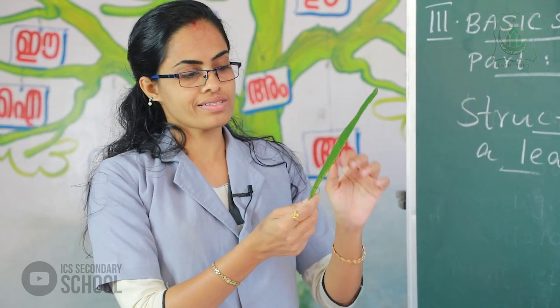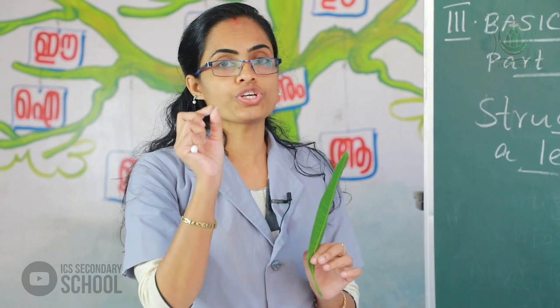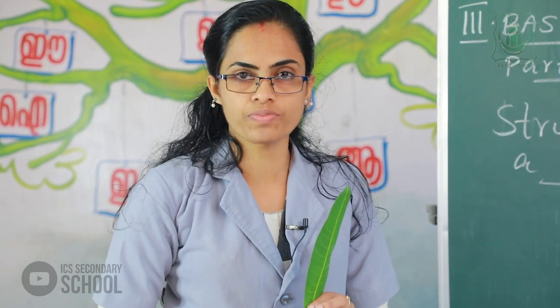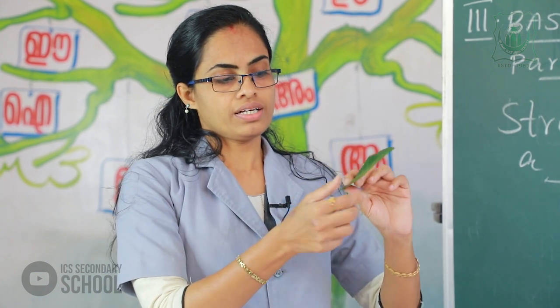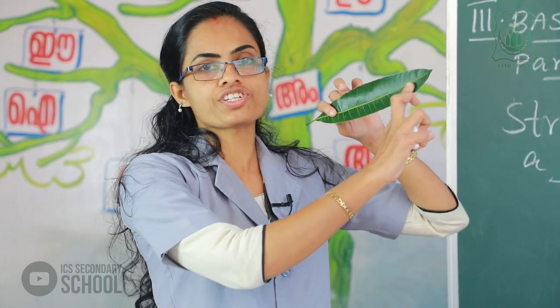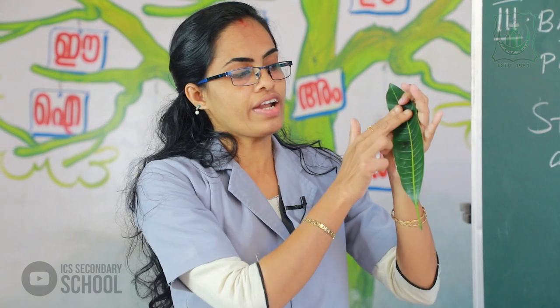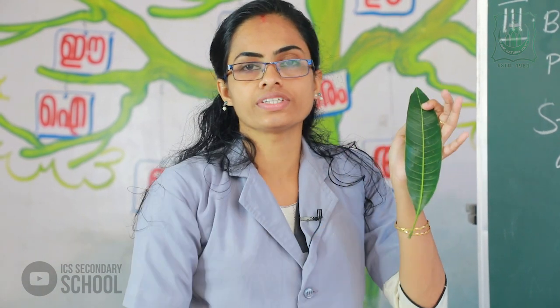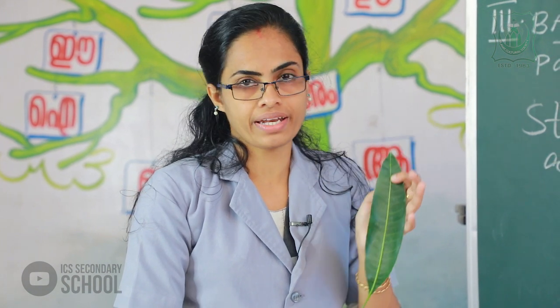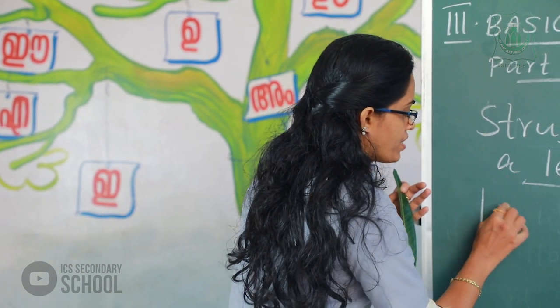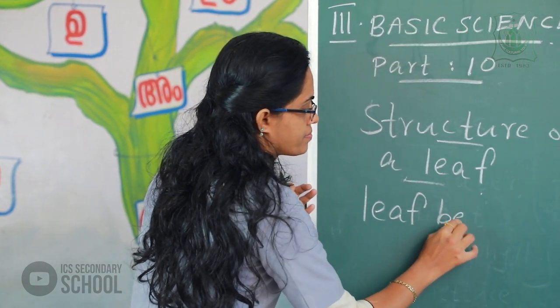Please look at this. First, look in your textbook at the parts of a leaf. The flat part of the leaf is called the leaf blade or lamina.